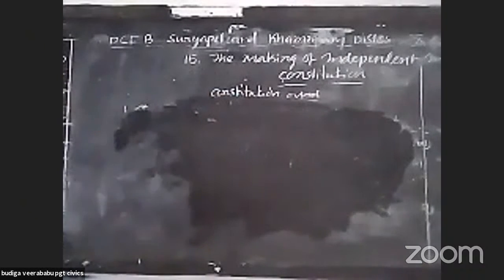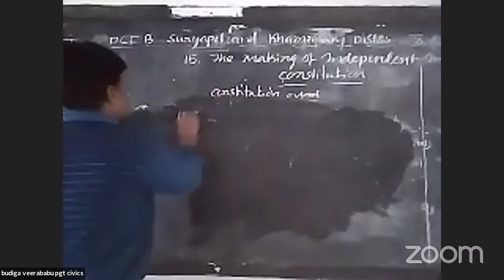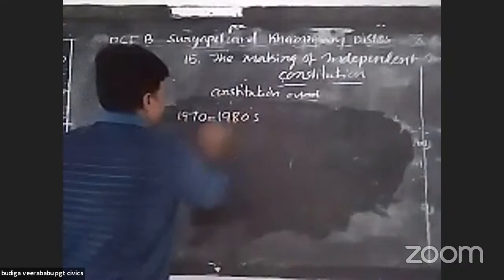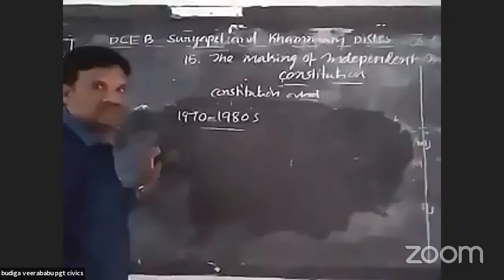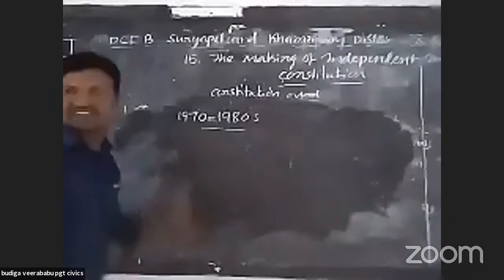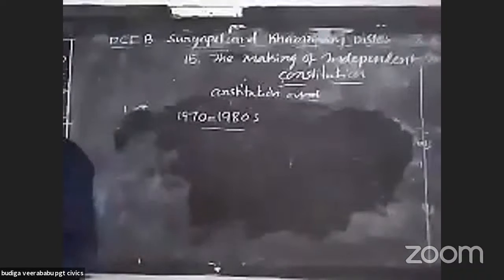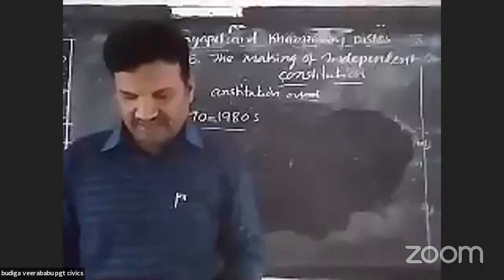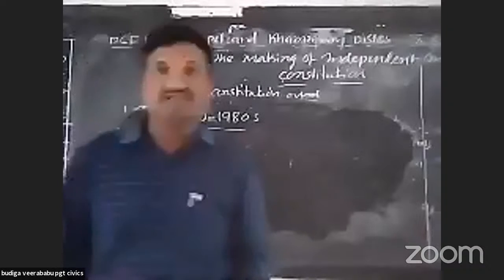Constitution today: in that first line, most of the constitutional amendments happened from the 1970s to the 1980s. In your textbook, you are given the constitution today, mostly and importantly on page number 226, constitution today in the 1970s and 80s, 1981 and 90s.